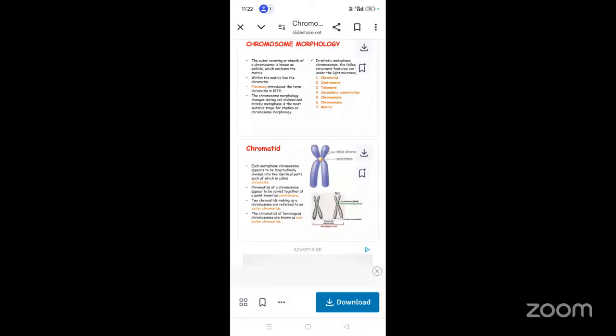The two chromatids that make up a chromosome are referred to as sister chromatids. The chromatids of homologous chromosomes are known as non-sister chromatids.